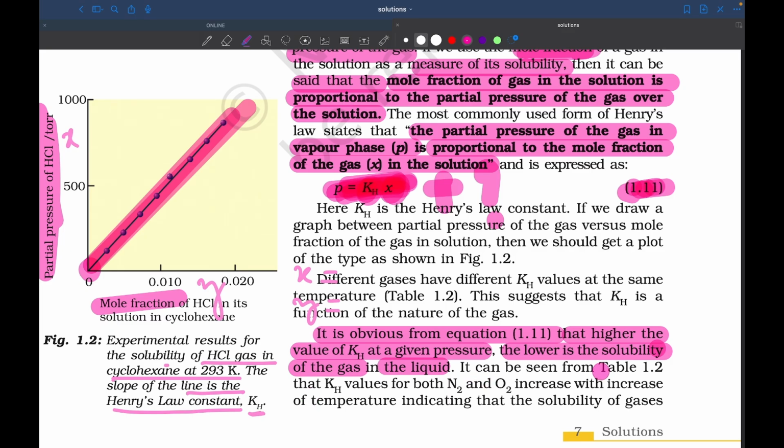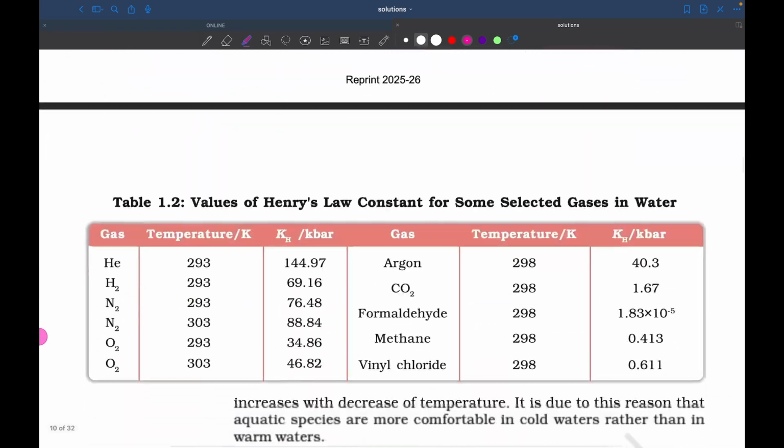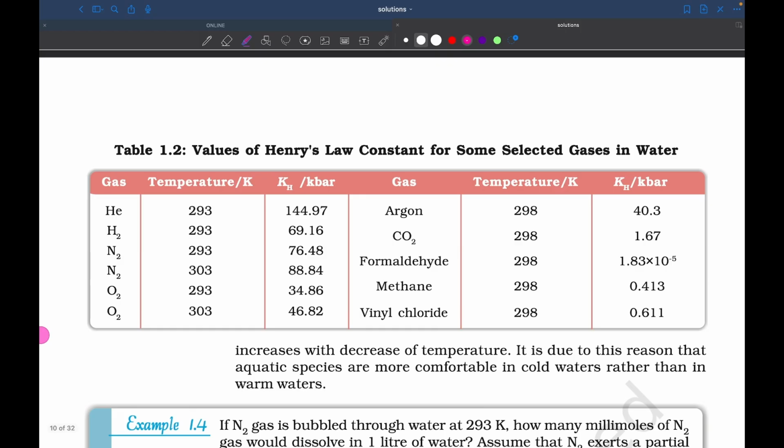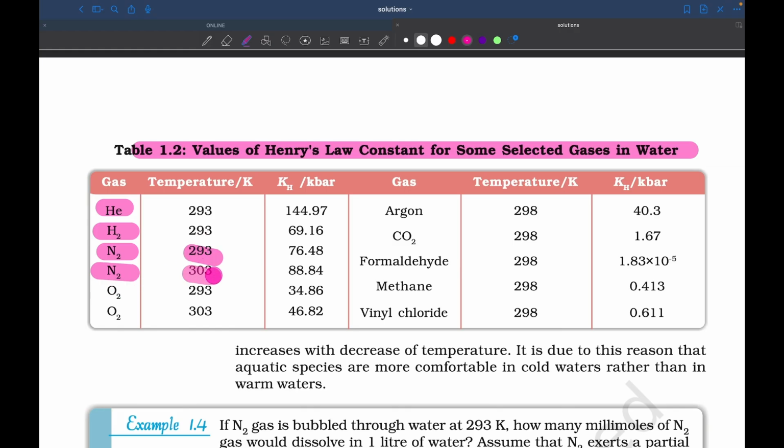So we have got a table here on the next page. Table 1.2 gives you values of Henry's law constant for some selected gases. The gases given are helium, nitrogen at two different temperatures, 293 K as well as 303.